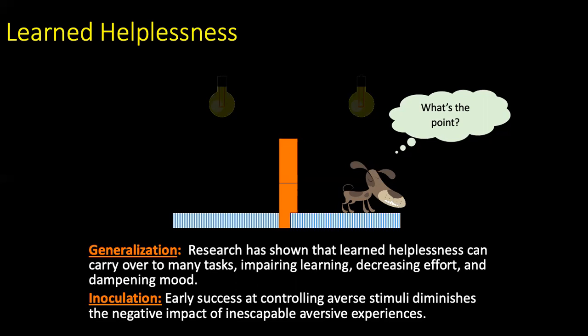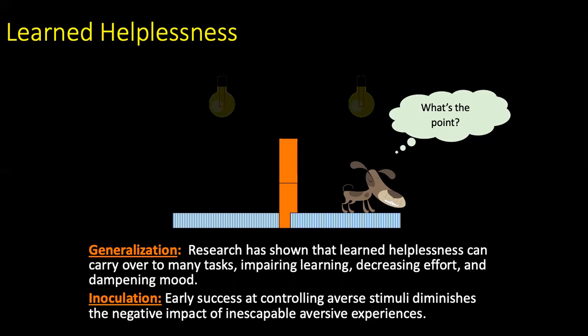One thing we've learned is that if we give people, especially early in life, or animals, if we're talking about a learning paradigm, chances to succeed and chances to control aversive stimuli in their environment, then even if we put them through a learned helplessness scenario, they tend to do better at learning to escape or avoid when the situation arises.